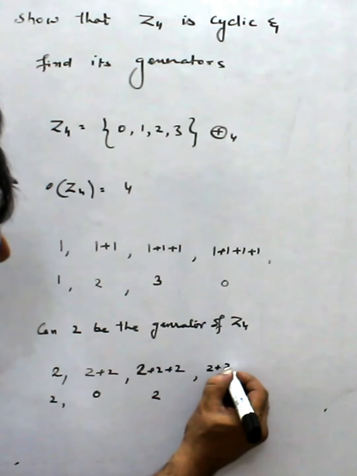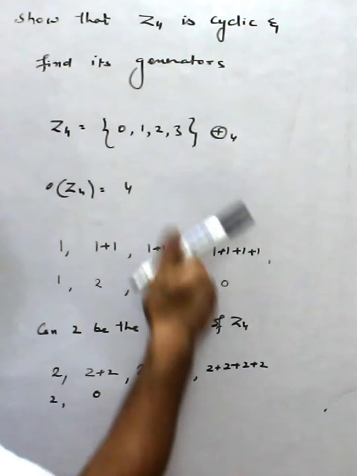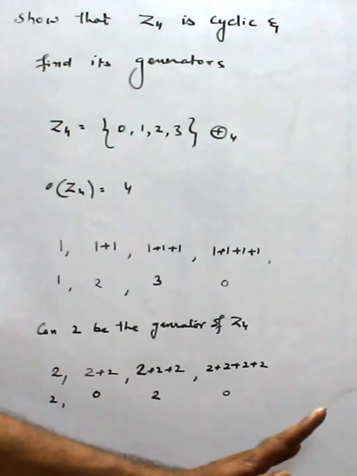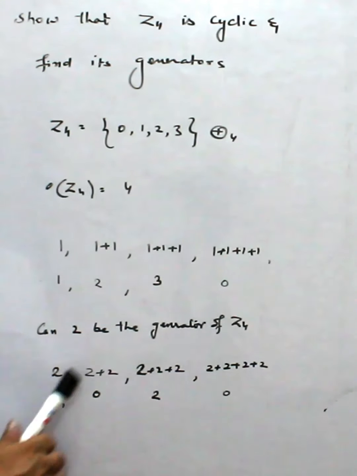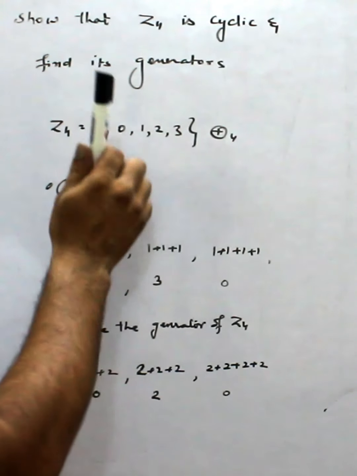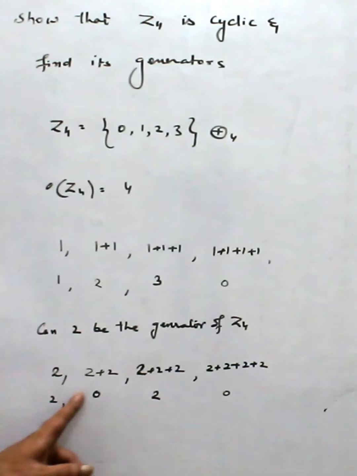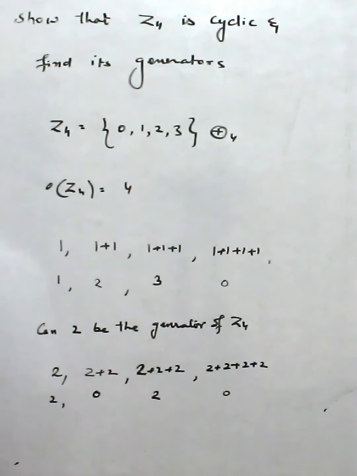Similarly, if I add 4 times, it becomes 8, which gives 0. Similarly, 10 gives 2 again. That means 2 is not able to produce the elements 1 and 3. It only produces 2 elements, 2 and 0. The other elements are not produced by 2, therefore this cannot be a generator.